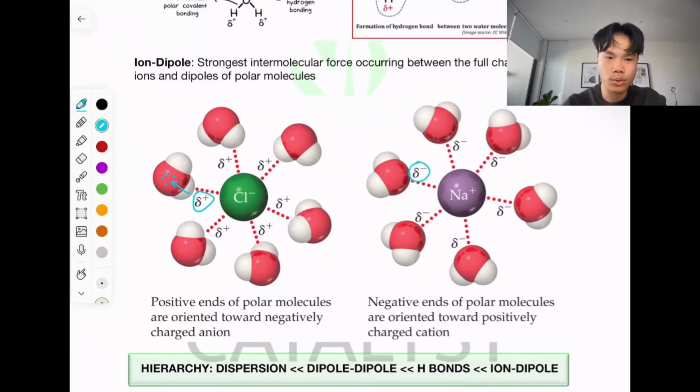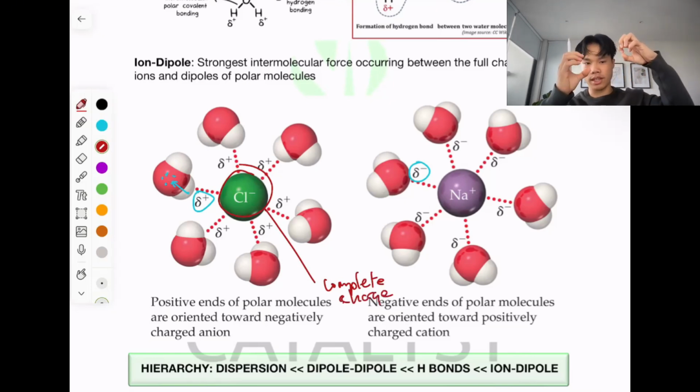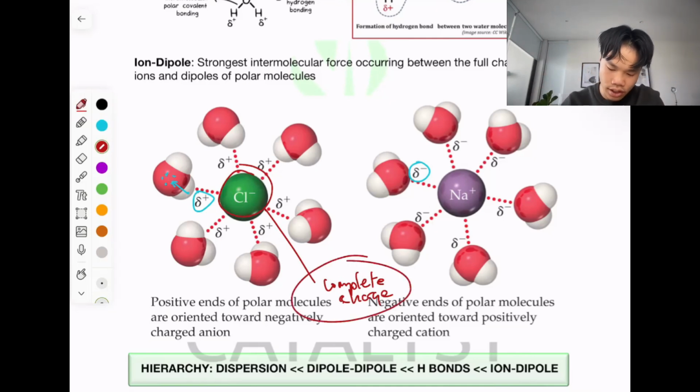But these partial charges can interact with ions, which have a complete charge, not just a partial charge. And that attraction between positive and negative creates this dipole to ion interaction, which is therefore an ion dipole. And that's stronger than dipole because you have a complete charge on your chloride or sodium in the middle.